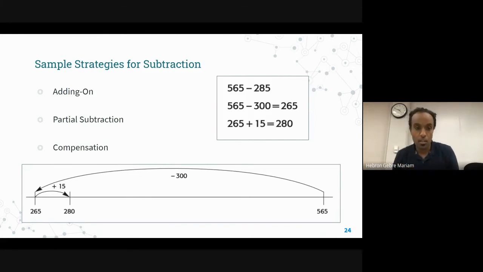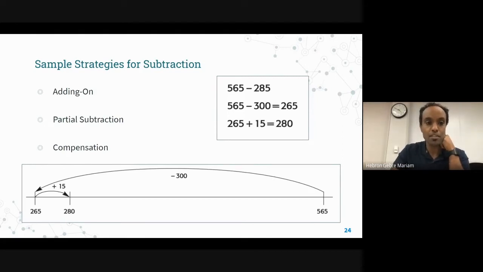So in this case, instead of 285, we subtract 300 because it's easier to subtract that big chunk of 300. And then we add on the extra 15 that we took away when we subtracted 300. So this is, again, a great one to introduce in a number string or a number talk so that it's engaging that mental math practice.